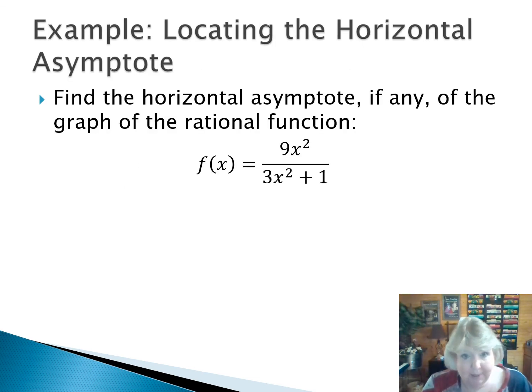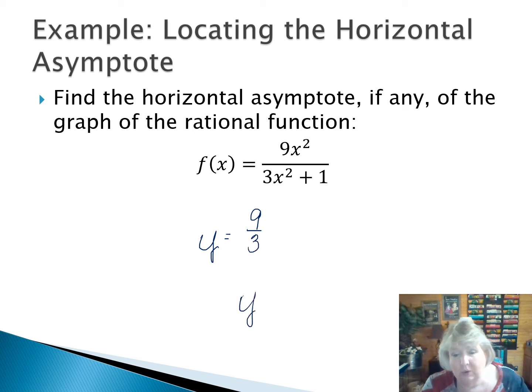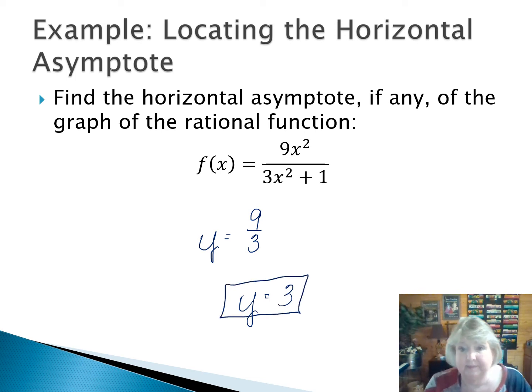So, for example, find the horizontal asymptote, if any. Well, in this case, I look to the degrees. Second degree, same degree, so the line y equals the lead coefficient of the numerator over the lead coefficient of the denominator, or to simplify that, y equals 3, is my horizontal asymptote.